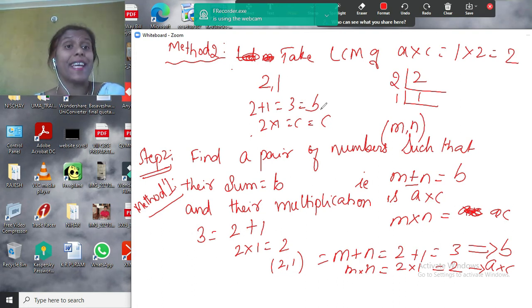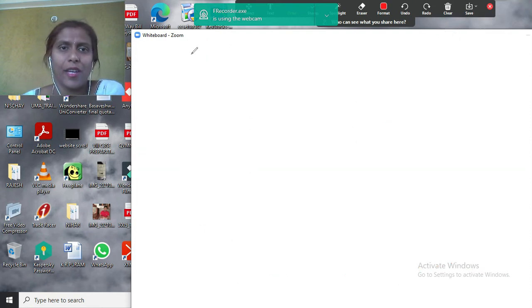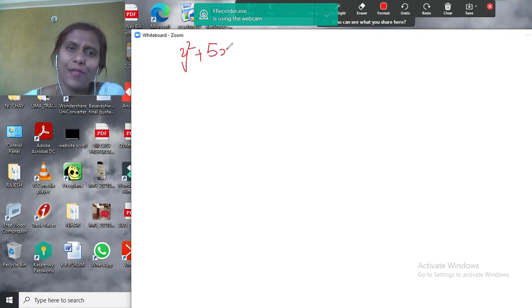If that satisfied you, now let me take you through another example. But let me clear the screen first. Okay, another example is y square plus 5y plus 6. First check: step 1.